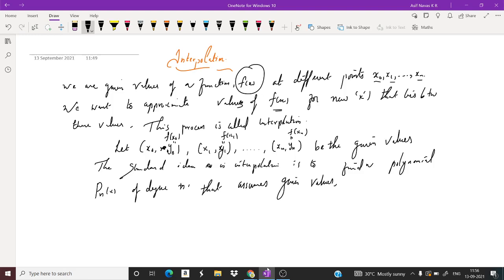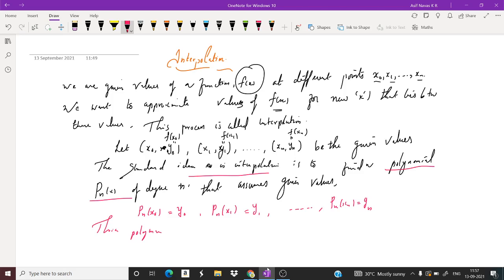That means Pn of x naught is y naught, Pn of x1 is y1, and so on up to Pn of xn is yn. That means we will find a polynomial which assumes the values y0, y1, etc. up to yn at x0, x1, etc. xn. This polynomial is called the interpolation polynomial.